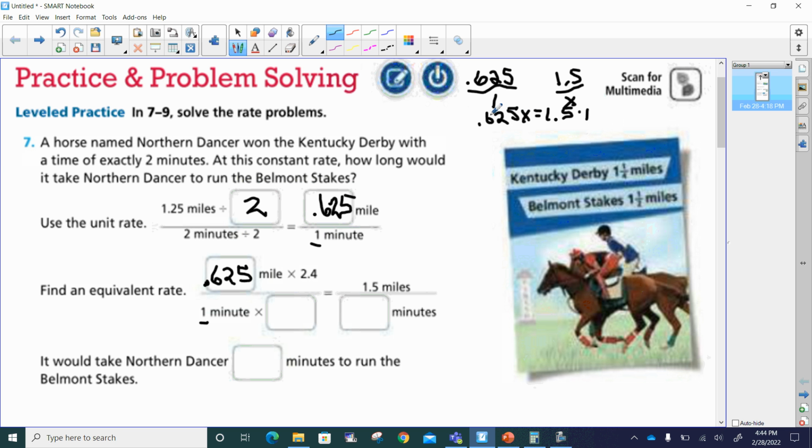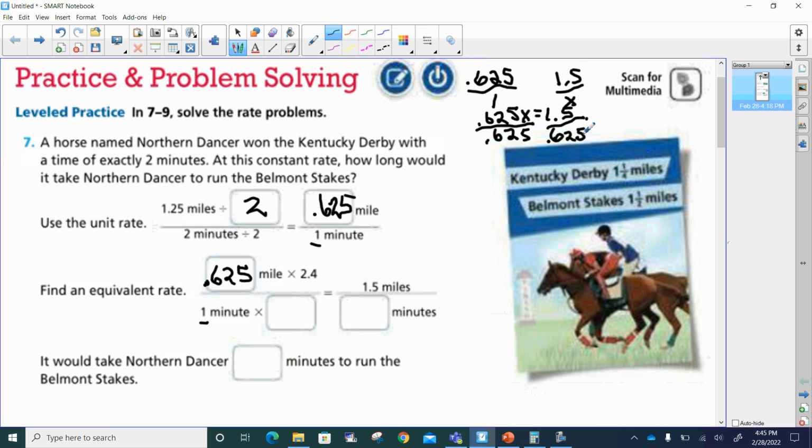We also know to get 0.625 away from x, we're going to have to divide it away. So I'm going to divide it away right here, the way we've done it in class. And when we've done this, we also have to divide it on this side. I'm just going to erase that times 1 because it's kind of pointless.